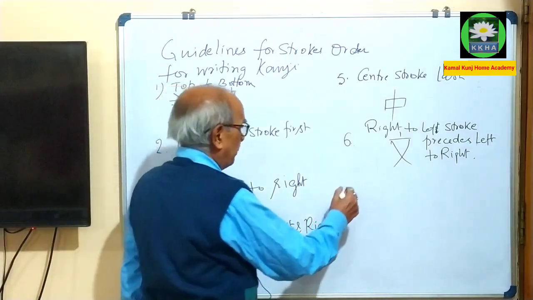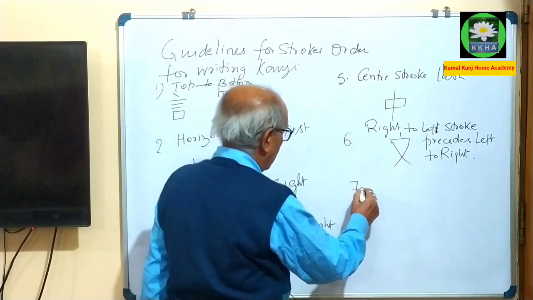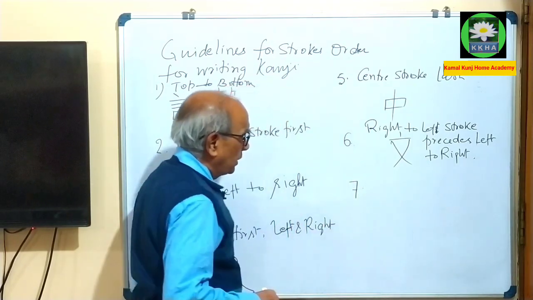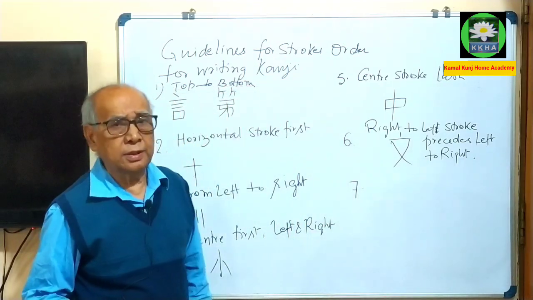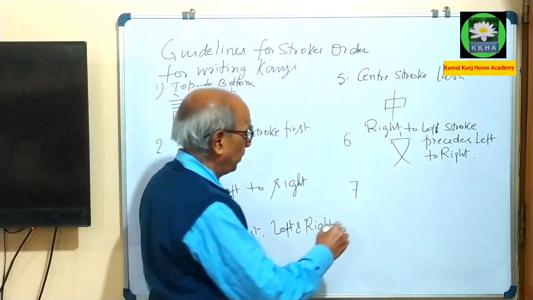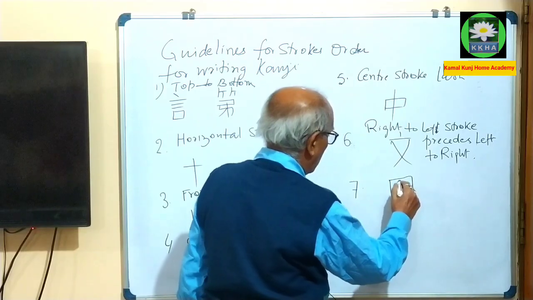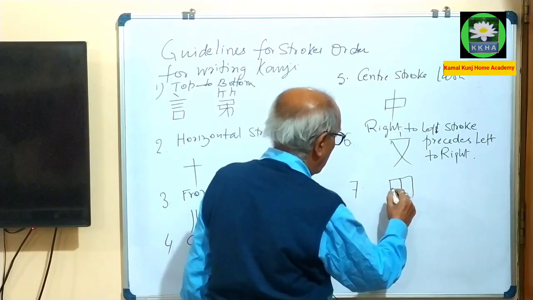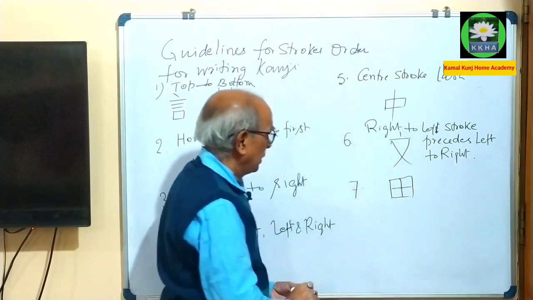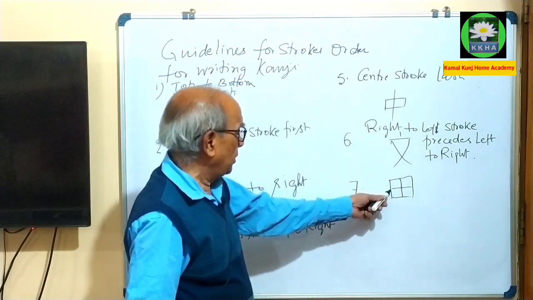Sometimes vertical strokes precedes horizontal. For example, this is vertical stroke then horizontal. Vertical stroke precedes horizontal stroke.